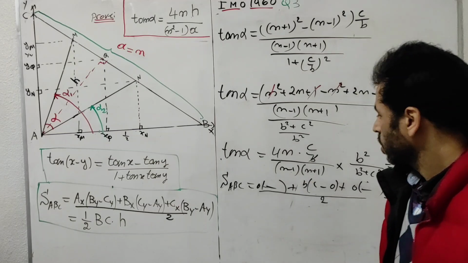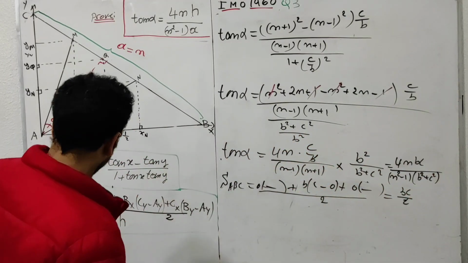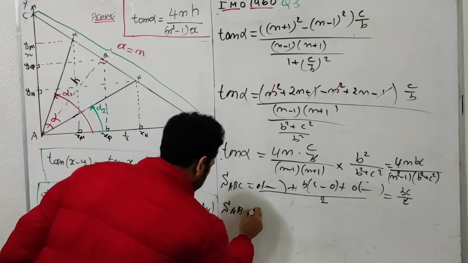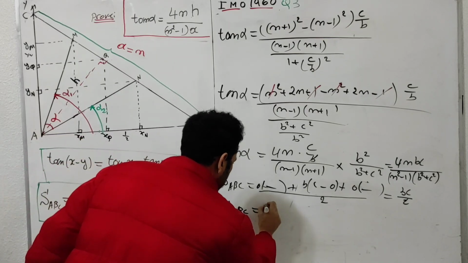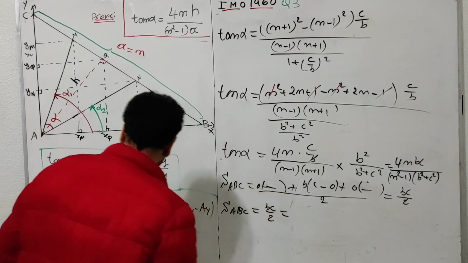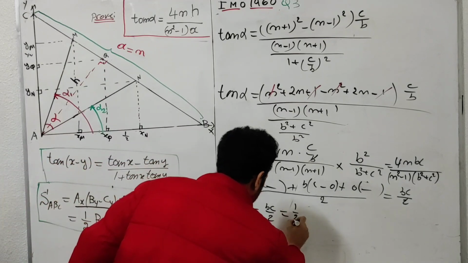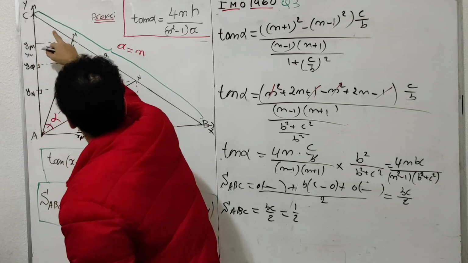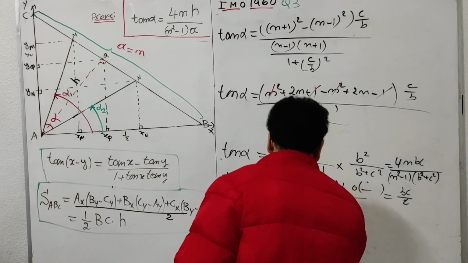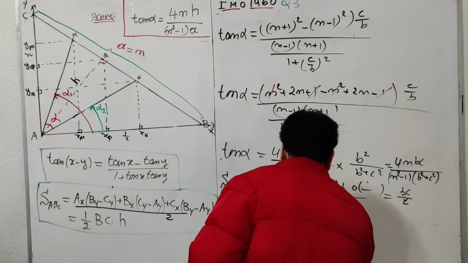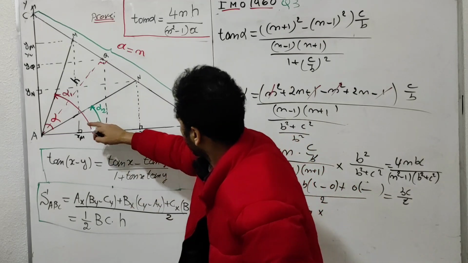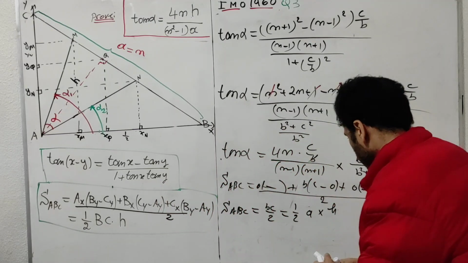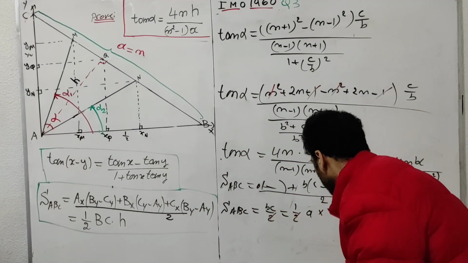Okay. At the same time, I'm going to calculate the area of this triangle. So the area of this triangle equal to BC over 2 equal, at the same time, half multiplied by the hypotenuse, which is A, multiplied by the height of this one, which is H. Okay, now I'm going to make some simplification in both equations.